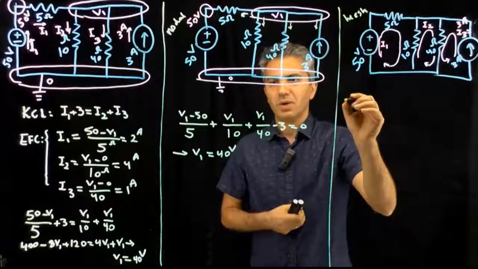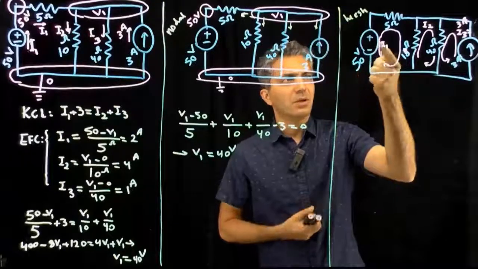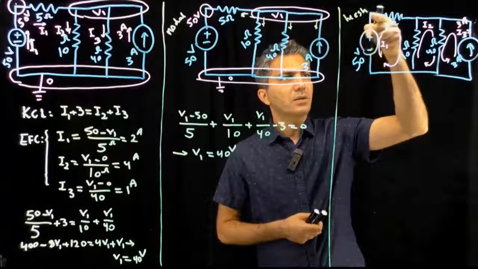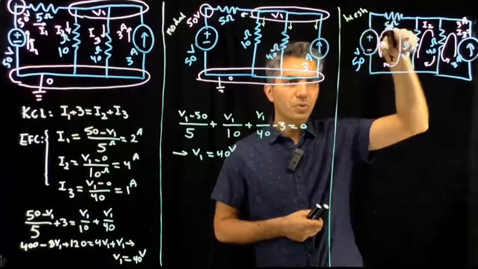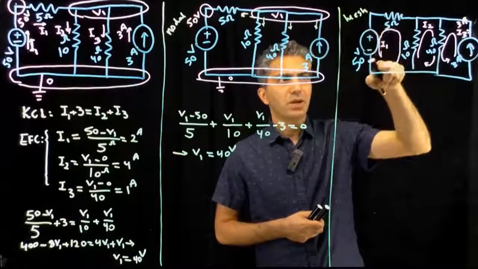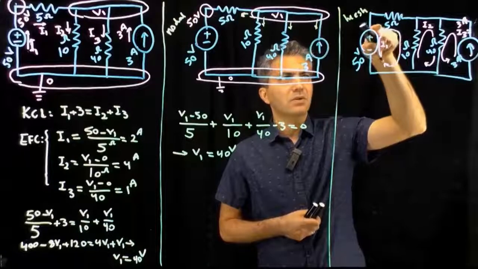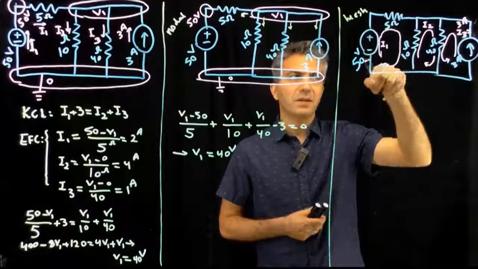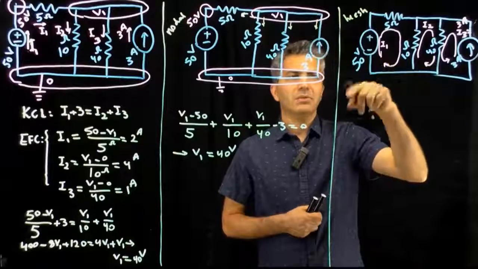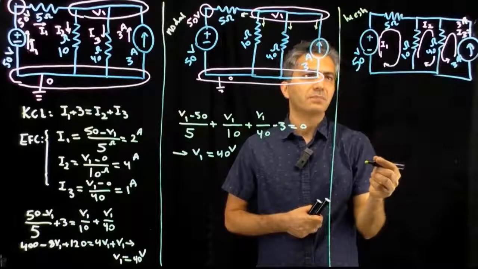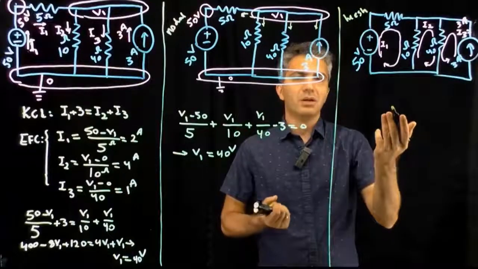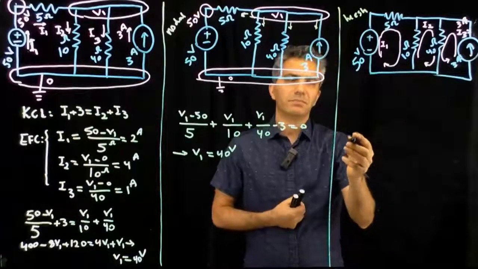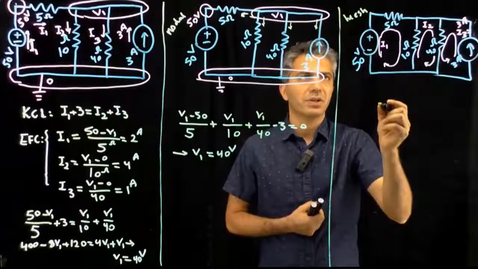So what we write here is that I'm going to start from any point, so I can start, say, and go through the loop in the same direction that current is passing. Every time that I lose a potential, I'm going to put a negative sign, and every time that I gain a potential, I'm going to put a positive sign, or the other way around, depending on what my convention is.